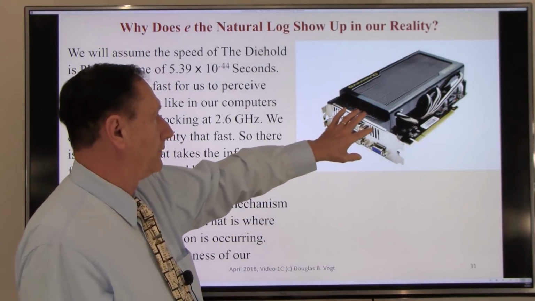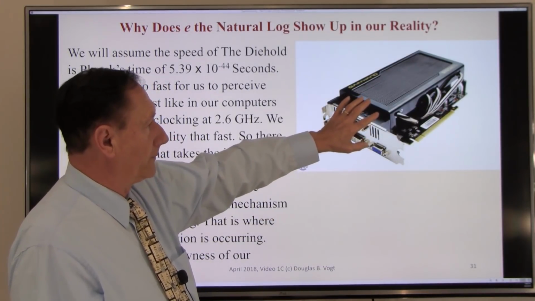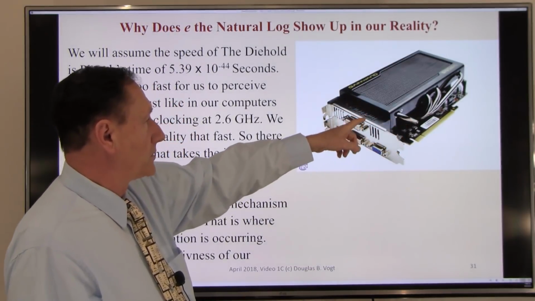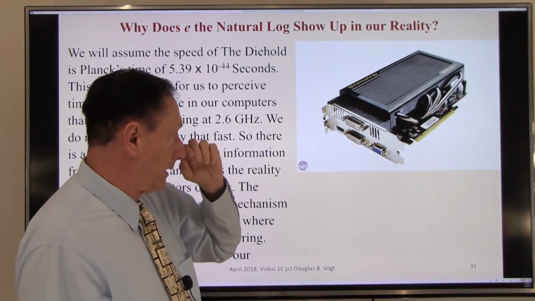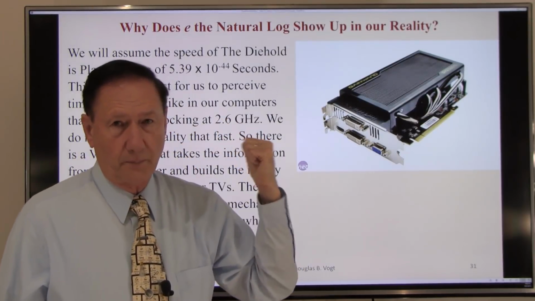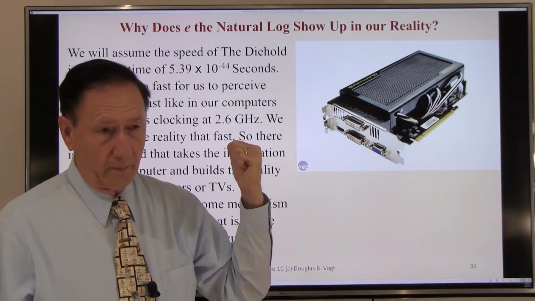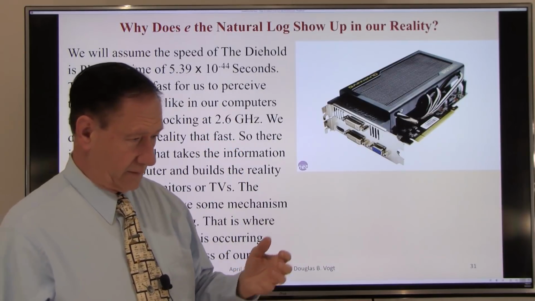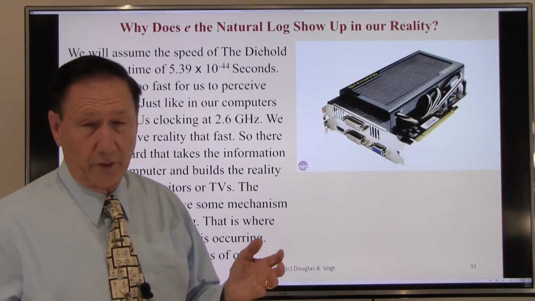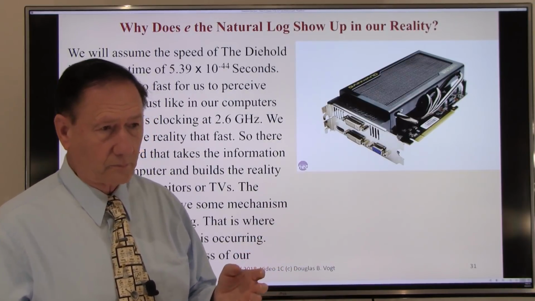So we have a device in our computers. This is a very highfalutin video card. It's got a cooling system. It's got multiple CPUs, a lot of RAM memory. It basically takes the information from the computer, the CPU, and RAM memory. The drawings you see, like on a video game, is really an engineering drawing, a DXF file.